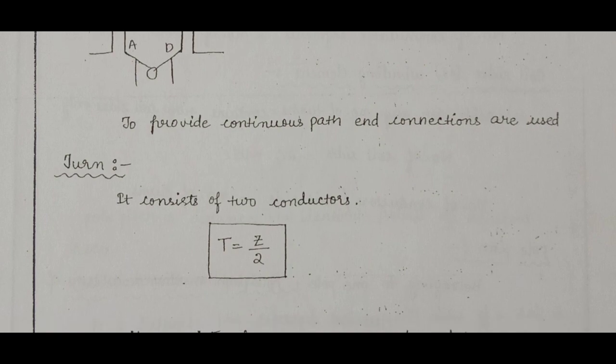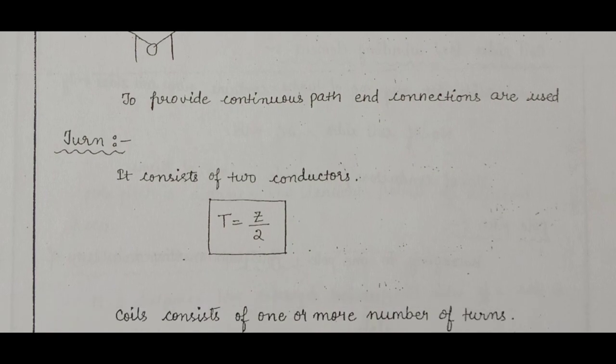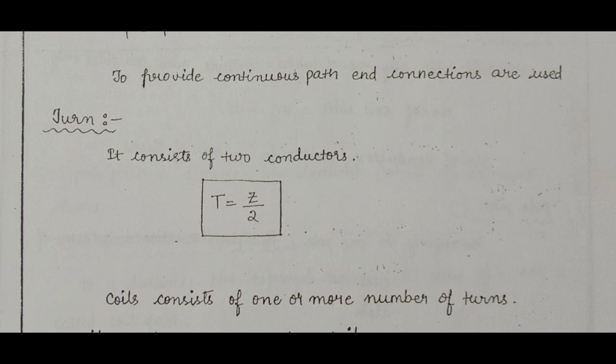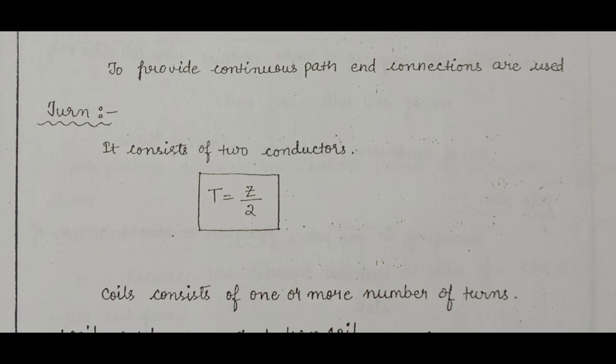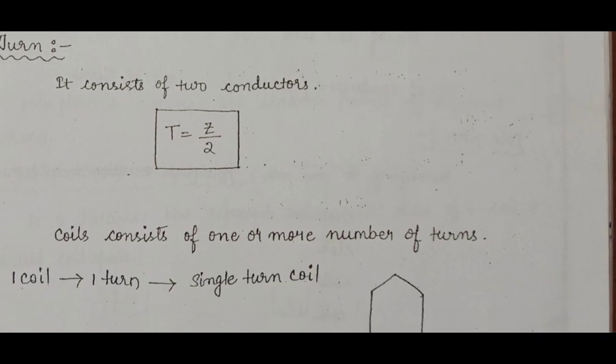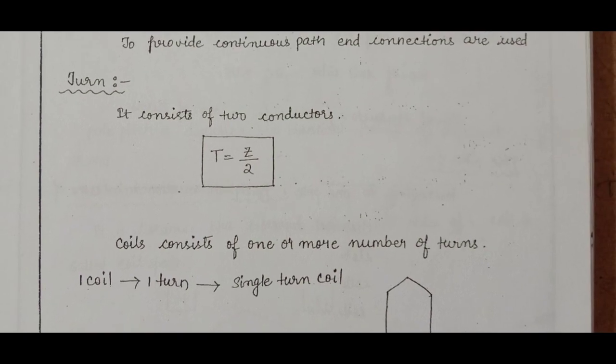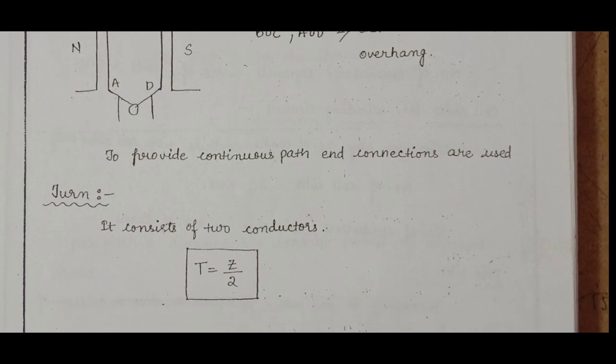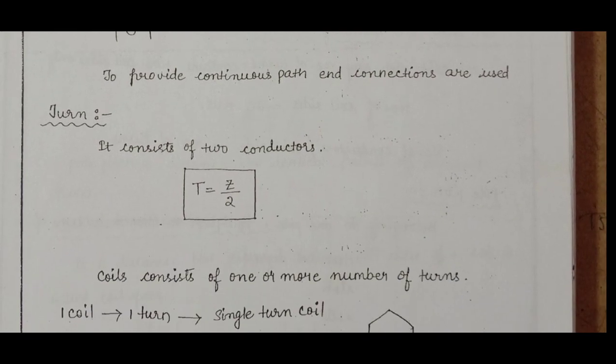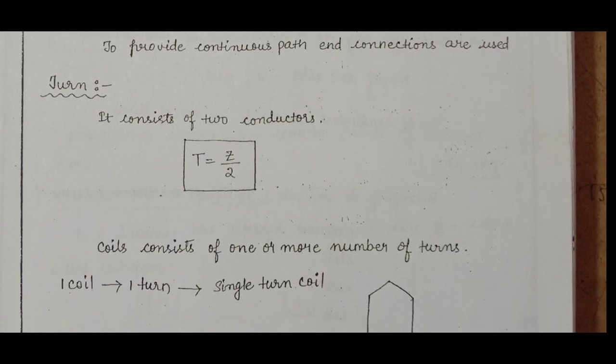A turn consists of two conductors: T equals Z by 2, where Z is the number of conductors. If there are two conductors, Z is 2, then 2 by 2 equals 1 turn.